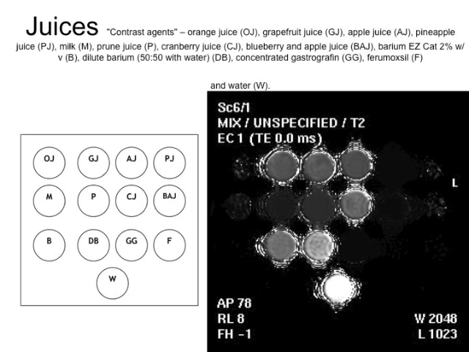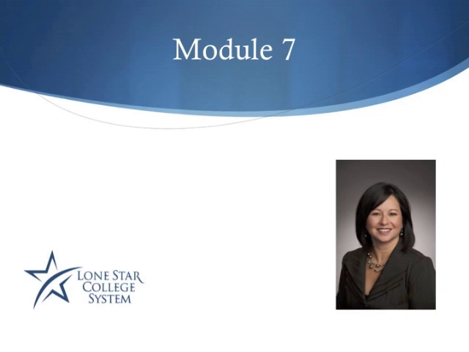If I wanted the stomach and the intestines to appear really bright on a T2 weighted sequence, what would I give them to drink? How about water? Water appears very bright on the T2 weighted sequence. So this just gives you another idea how even oral contrast can be used in MRI to enhance the image.